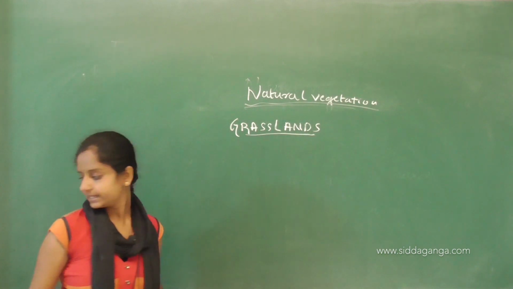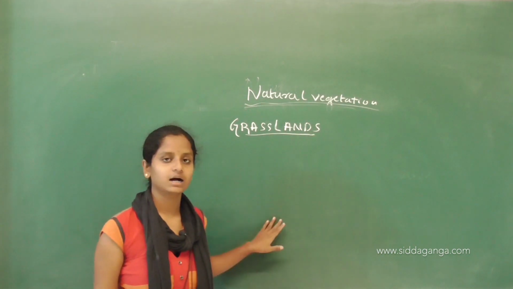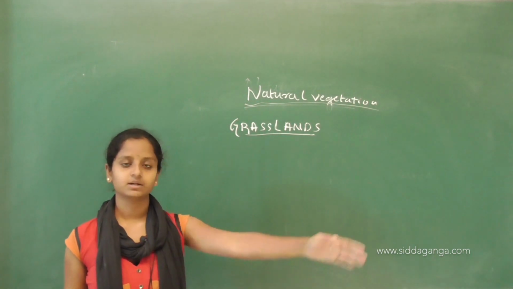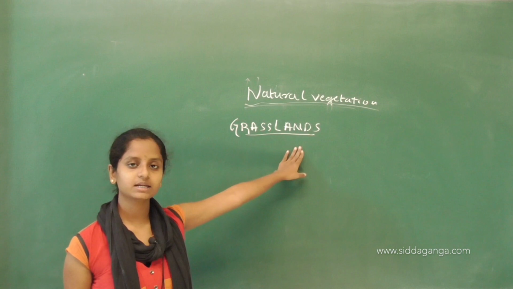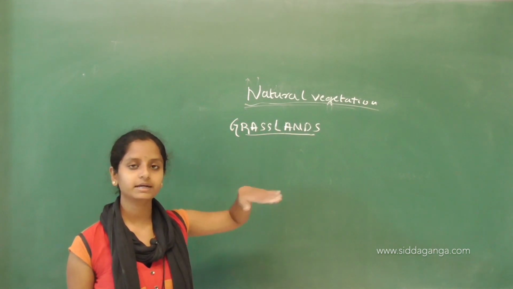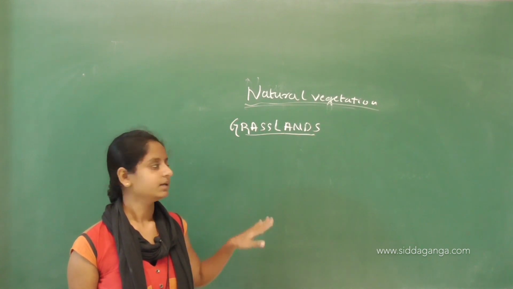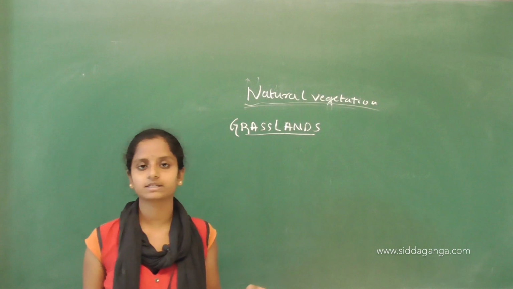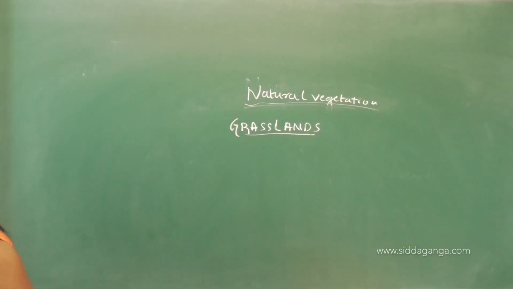What are grasslands? Grasslands are land where grass is present, and these can be seen in places where there is moderate rainfall.